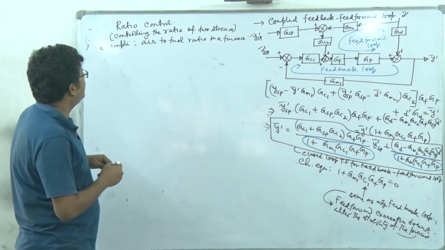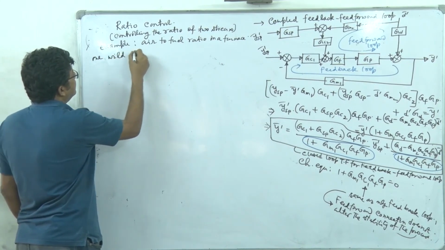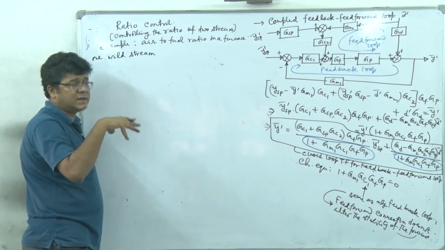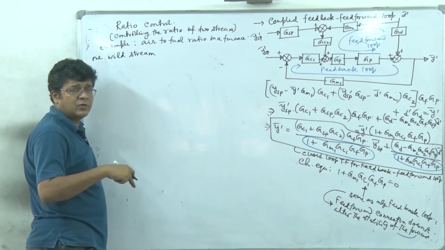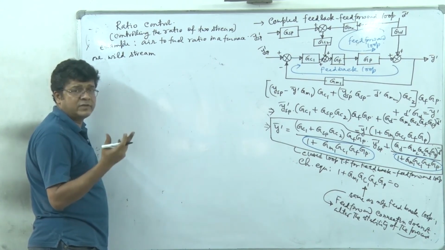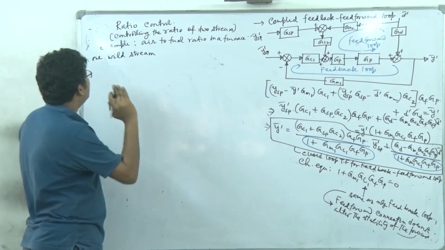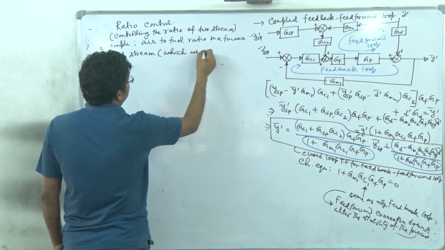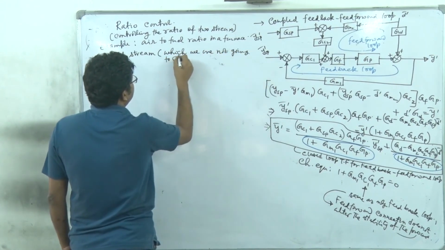So in ratio control we have one wild stream over which we will not look for controlling. This is being dictated by some other external control loop, like the temperature control of a furnace, which dictates that the fuel flow rate is to be changed. So in the air fuel ratio, the fuel flow will be considered as the wild stream, which we are not going to change.